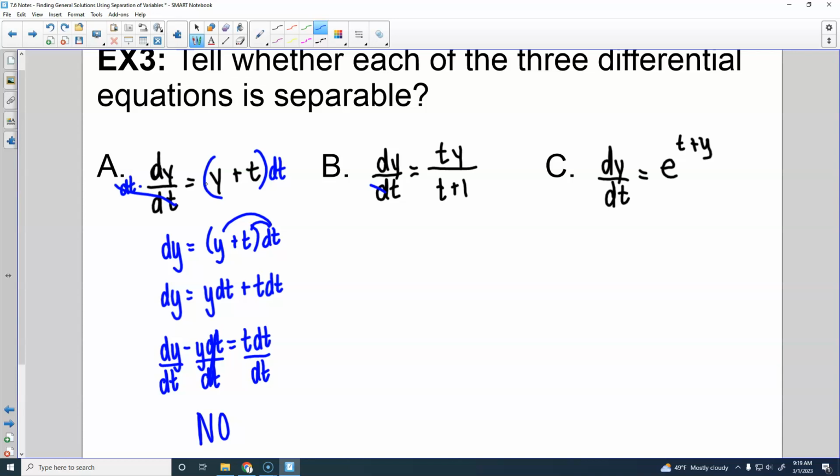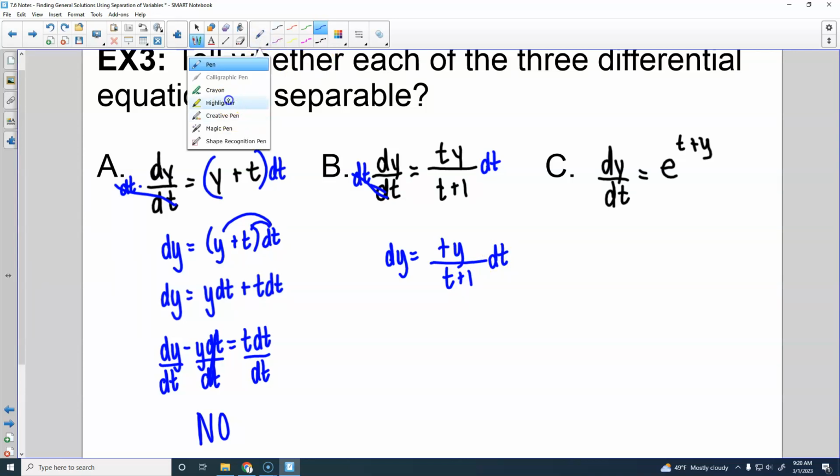Okay, for B, we need to know if that's separable. So always on these, just go ahead and do the dt over here. So we've got dy equals ty over t plus 1 dt. I need to try to get rid of that y right there. That's my issue. Can I? Divide by y?